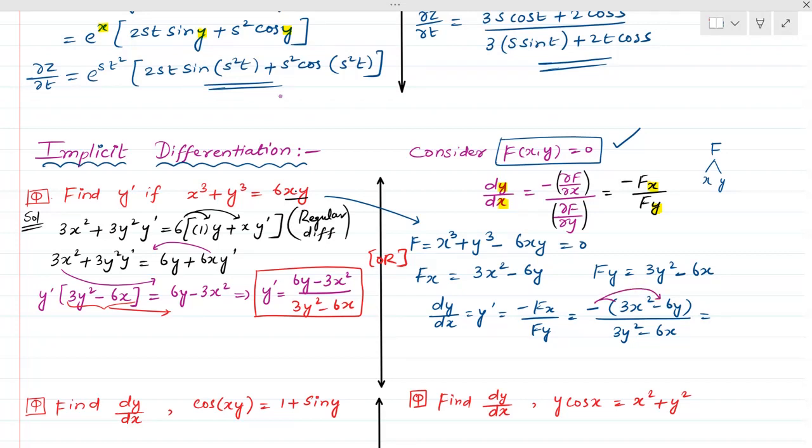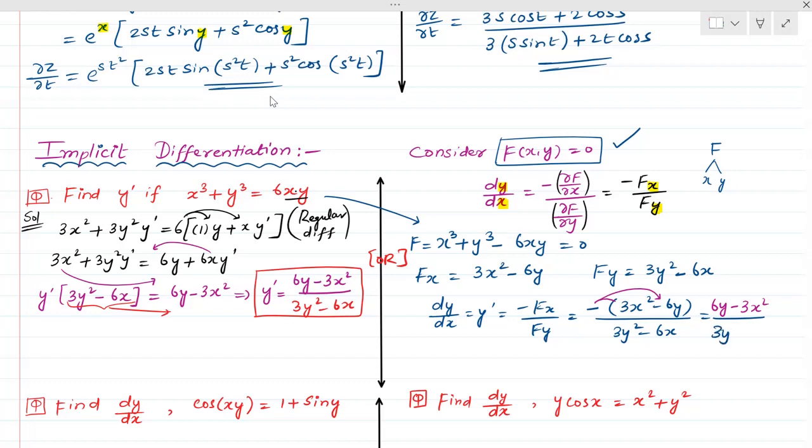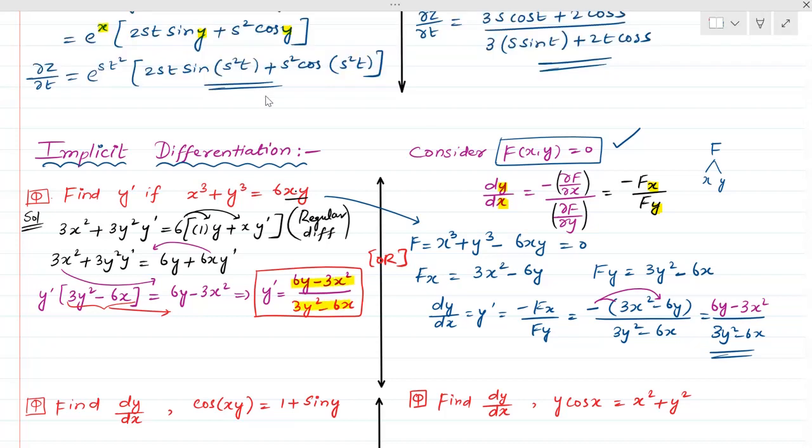I will write the positive term first: minus of minus is plus 6y, then the negative term, minus 3x square, over the same denominator, 3y square minus 6x. Are you finding the same answer? It is the same answer.